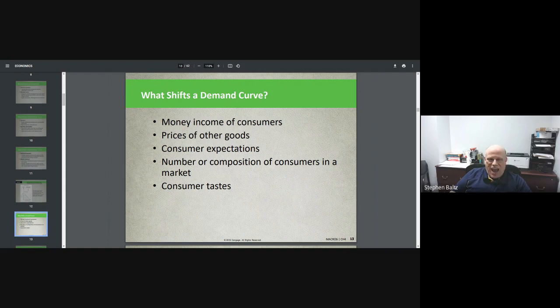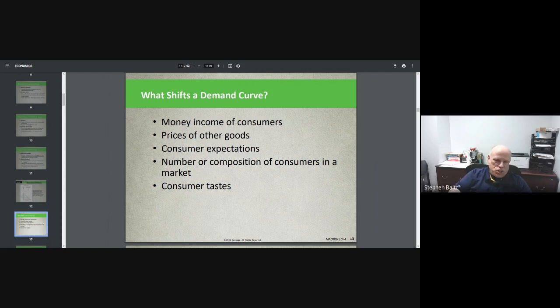Okay. The last thing that can shift the demand curve is consumer taste. Consumer preferences and taste change all the time. Especially things like diet foods and diet fads, and certain toys are very popular one year and then go out of favor the next year.